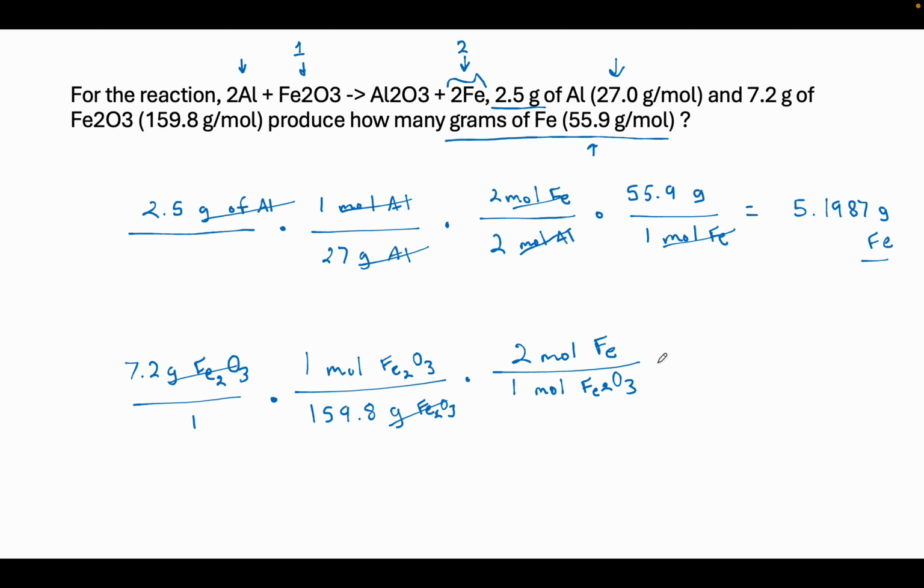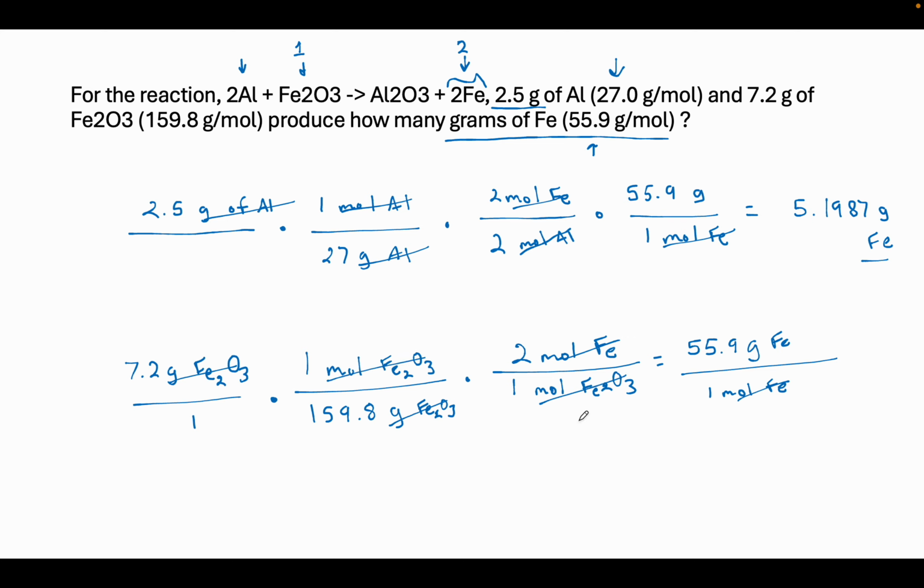Okay, now that we're at moles of iron, we can go to grams. Here, grams of iron is the same one we got up here, 55.9. So 55.9 grams of iron over 1 mole of iron. Okay, so that cancels out this. Oh, forgot to cancel out iron oxide.